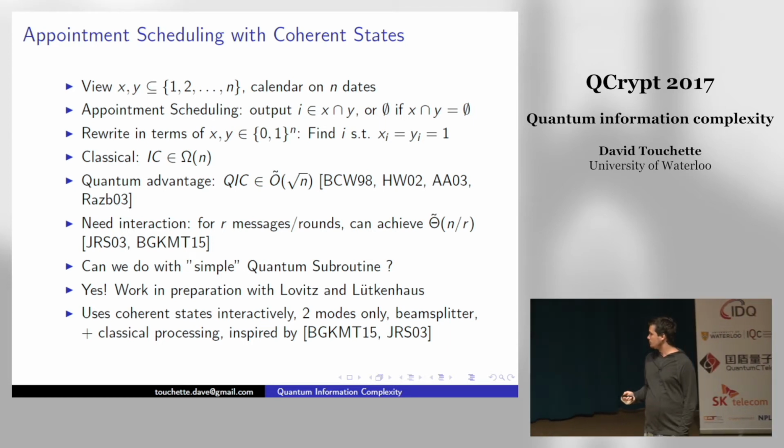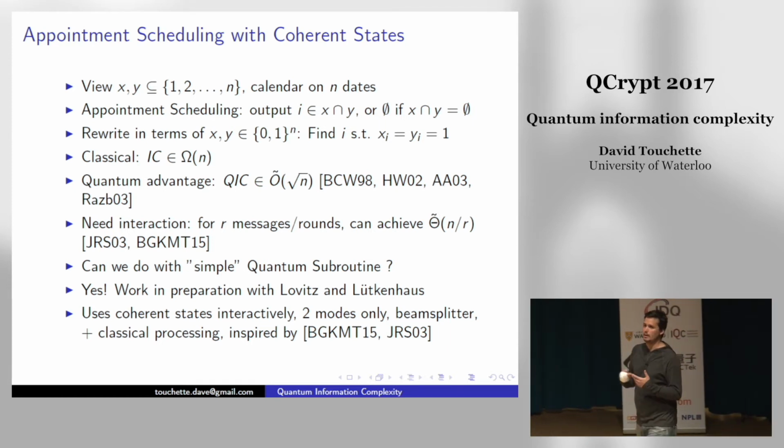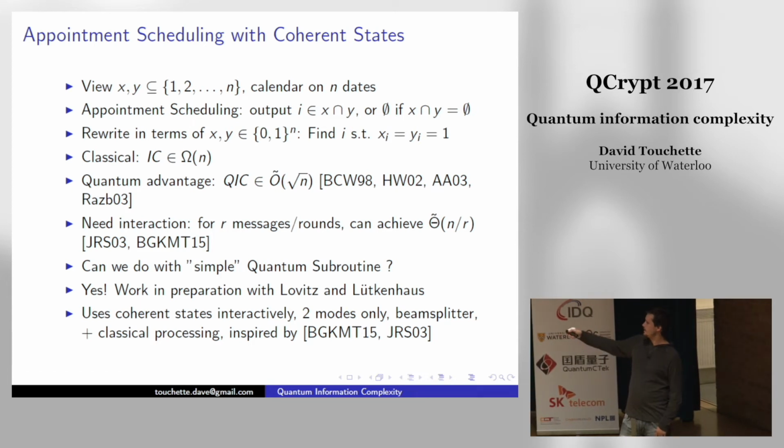So we can rewrite this in terms of bits, in terms of the indicator functions of their sets. In such a rewriting, what they're looking for is some index i such that both Alice's bit x_i and Bob's bit y_i are equal to 1.